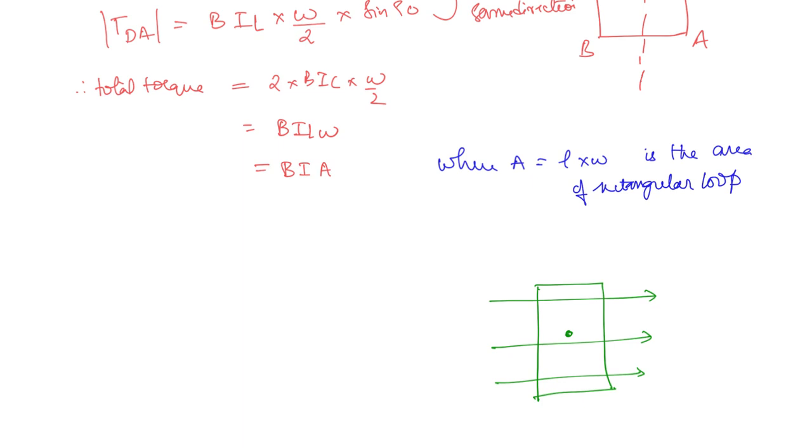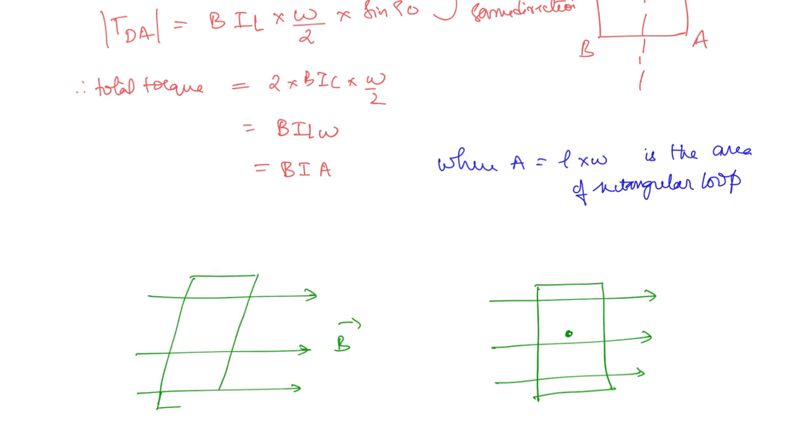So it means the normal vector is perpendicular to the magnetic field. But what if this is the magnetic field B bar and the normal is making some angle with the magnetic field. So this is AN bar, the normal vector to the plane.